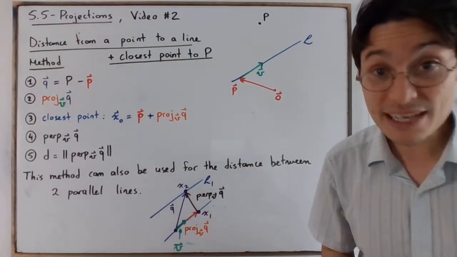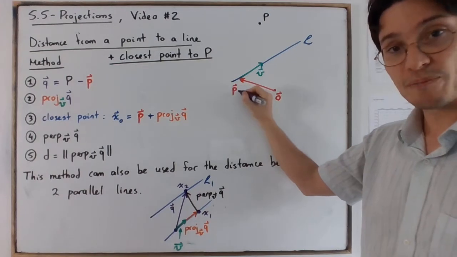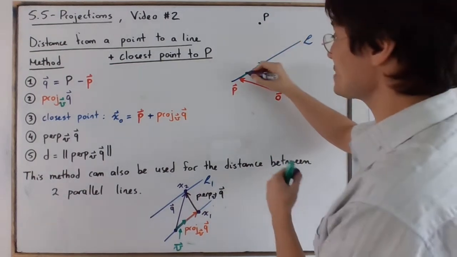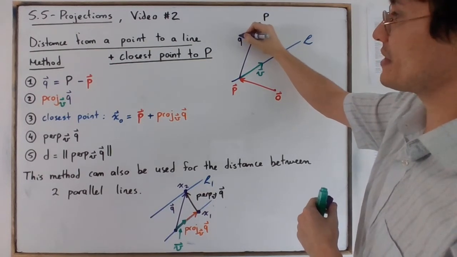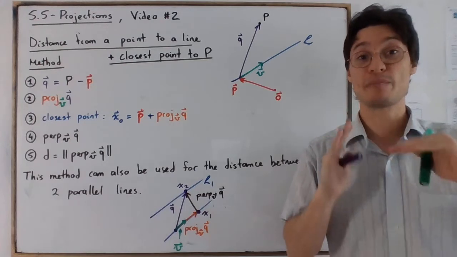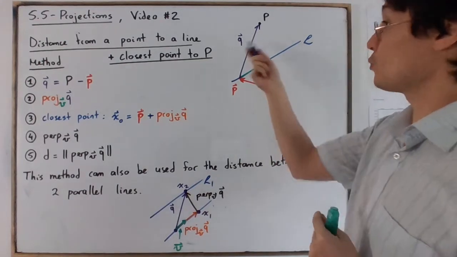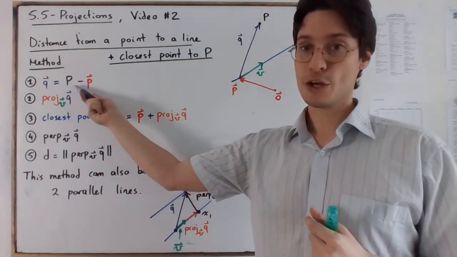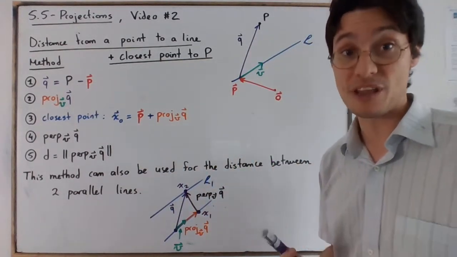The first thing we're going to do is draw a vector from the position to the point P that is not on the line. For the sake of giving this vector a name, we will call it Q. This is step number 1. You have to reach the point from the line with some vector. So as you can see, Q will be the point minus the position vector of the line.